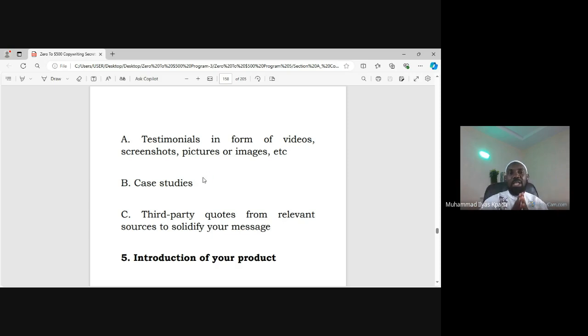For instance, if you find a statement in Daily Trust as your third-party quote, and the statement will further reinforce your selling process, and the statement was made by Elon Musk, you can add the name of Elon Musk, that this is what Elon Musk said, instead of saying according to Daily Trust.